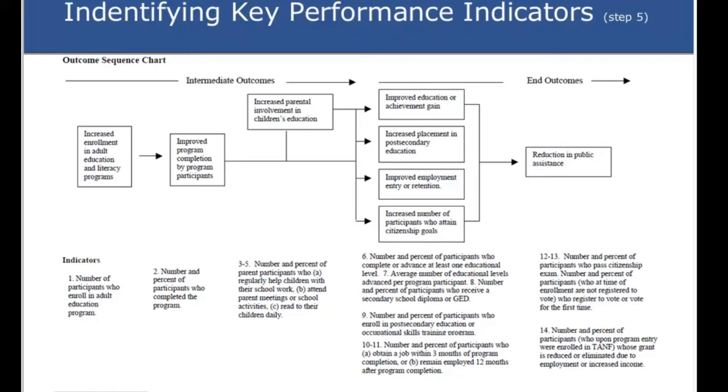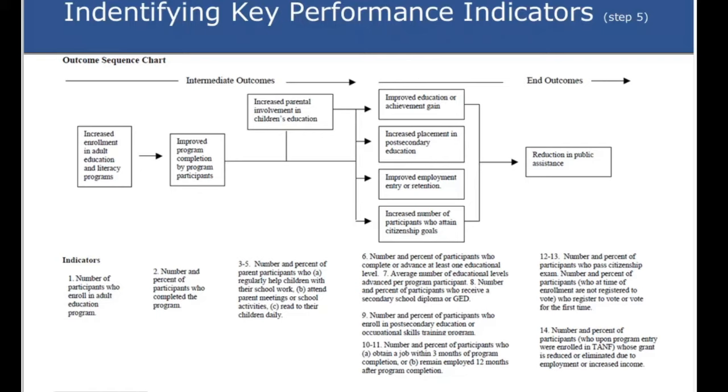So the map of that process and the indicators below, I'm not going to get into all of them. I'll just point out a couple of them so you can get a sense of what this process is like.